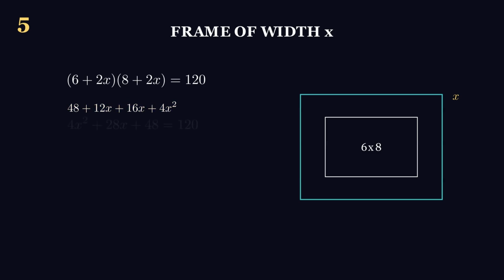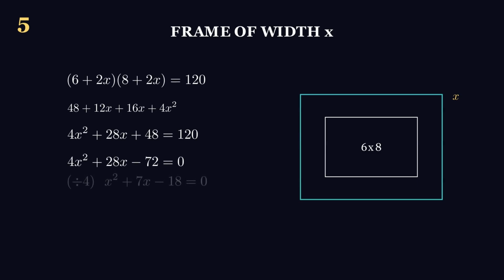So, 4x squared plus 28x plus 48 equals 120. Subtract. 4x squared plus 28x minus 72 equals 0. Divide by 4. X squared plus 7x minus 18 equals 0.